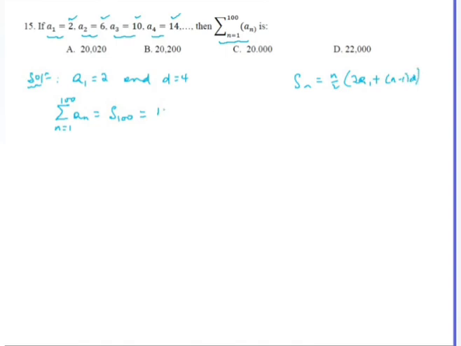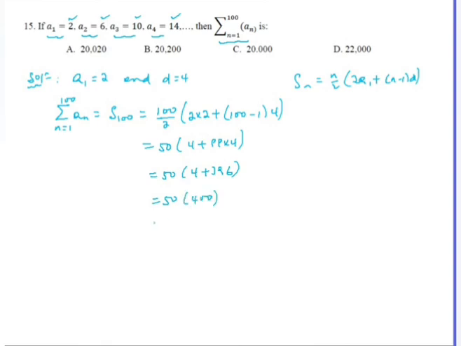I'm going to use 100 in place of n: 100/2 × (2 × 2 + (100 − 1) × 4). So this means 50 times (4 + 99 × 4), which is 50 times (4 + 396), 50 times 400, which is 20,000. So the sum of the first 100 terms in this sequence is 20,000.